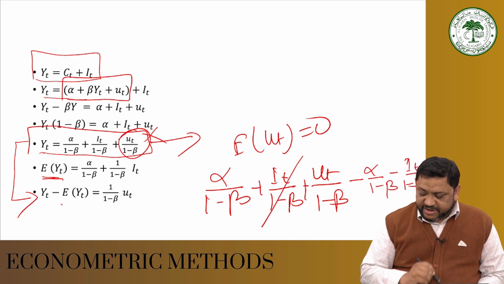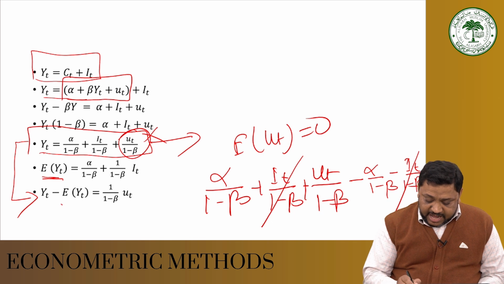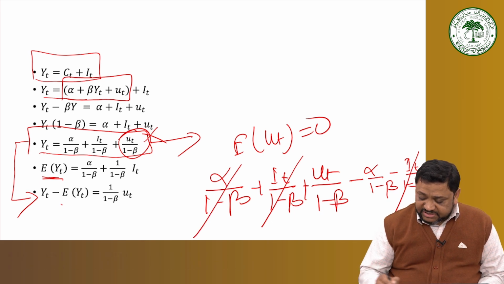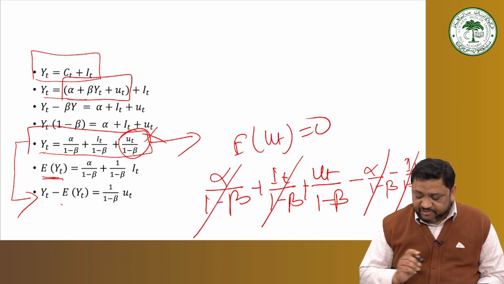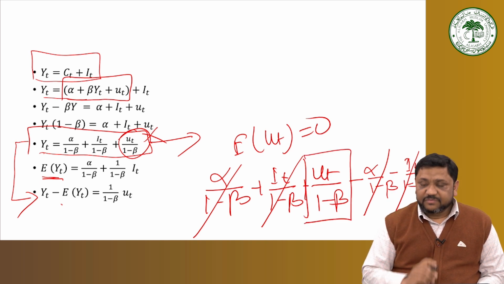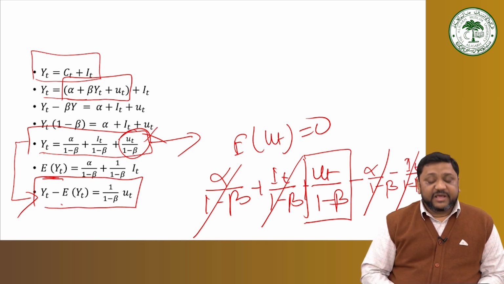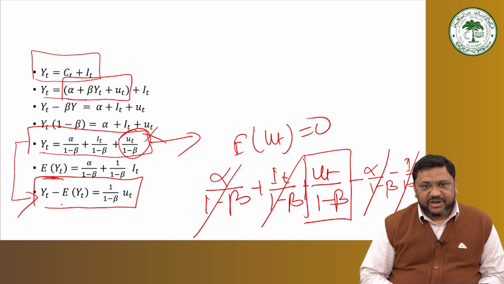Now it over 1 minus beta cancels out. Alpha over 1 minus beta, and here it is minus alpha over 1 minus beta, they cancel out. So you are left with yt minus the expected value of yt is equal to 1 upon 1 minus beta multiplied by ut.